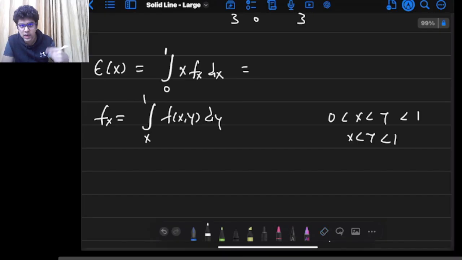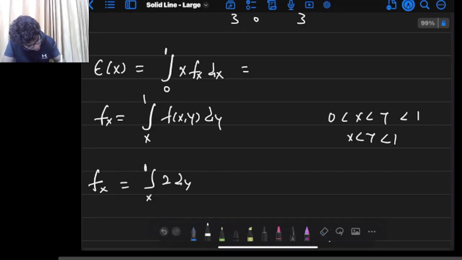I have discussed again how to write the limits in the previous videos. So f of x gives me the integral of f of x comma y dy. The limits are x to 1. So now x to 1, and f of x comma y was 2, so 2 dy, and this gives me 2y from x to 1.